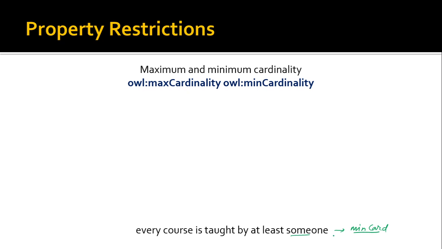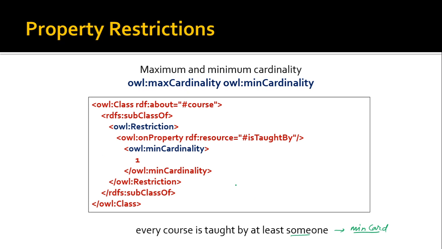So the way we will be representing this in OWL, this course is a subclass of one anonymous restriction class, and the restriction is on is taught by, and the minimum cardinality for this particular restriction would be 1, right?